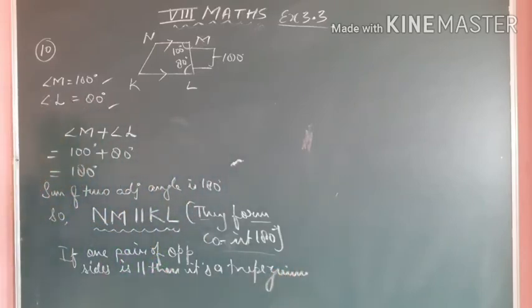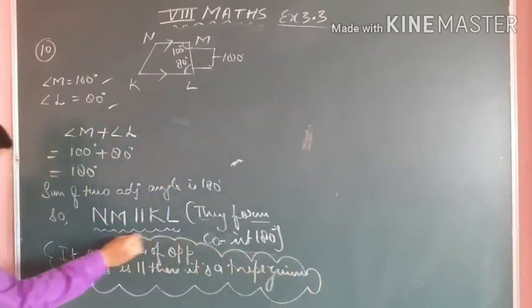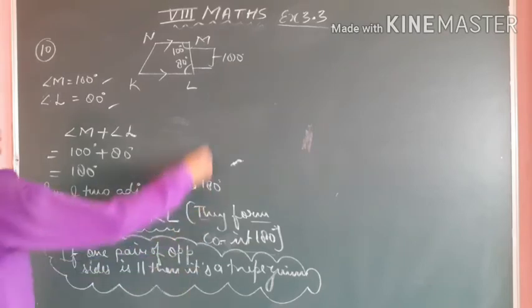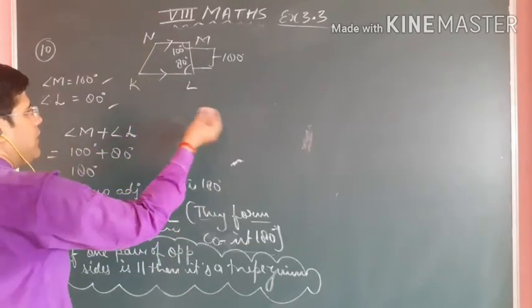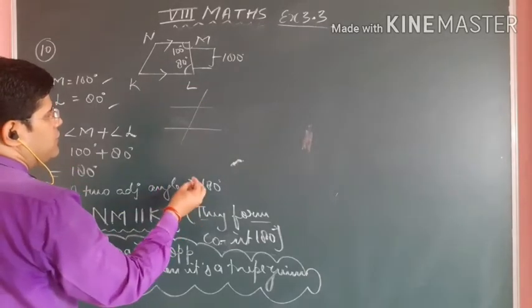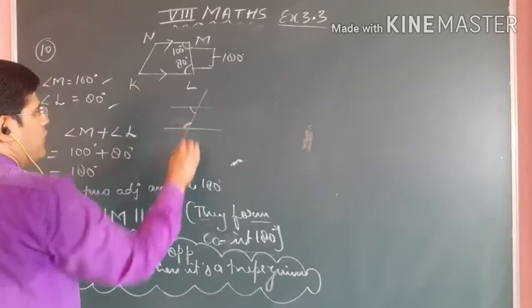That is not a proper thing. Now this one is a proper thing. If one pair of opposite sides is parallel, how could it be parallel? It could be parallel by the co-interior property, which we have taught. What is co-interior? When two lines are parallel and one transversal intersects, then the two angles formed are known as co-interior.